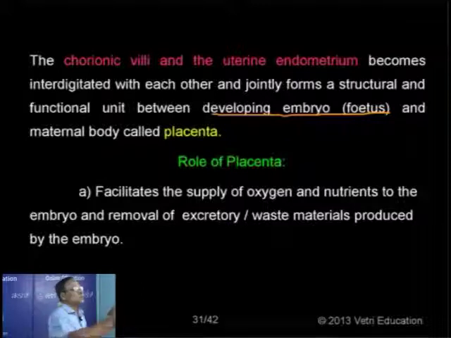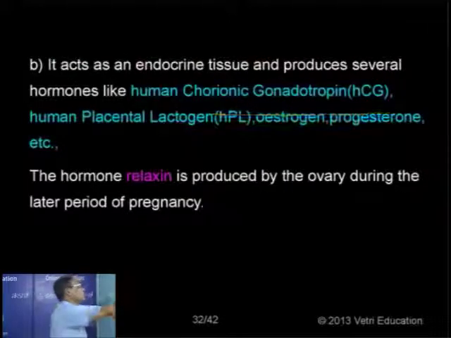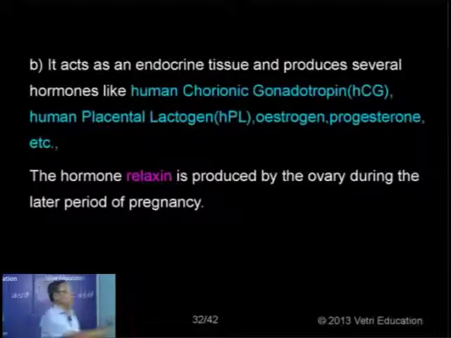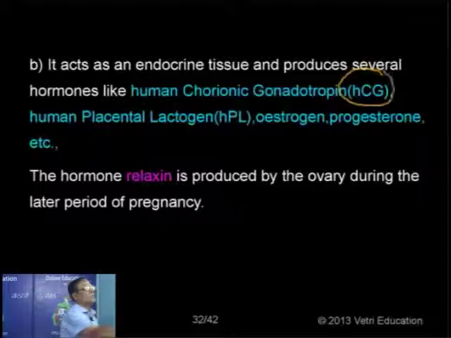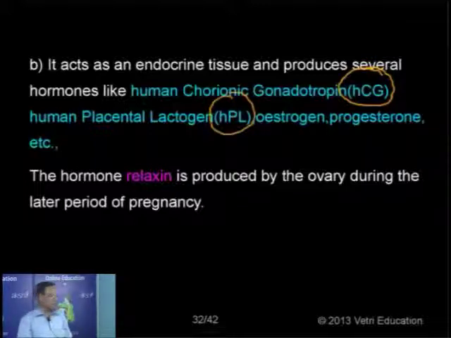In addition to that, the placenta also secretes some hormones, and these hormones are responsible for maintaining the pregnancy. One is HCG, human chorionic gonadotropin. Another hormone is HPL, human placental lactogen.